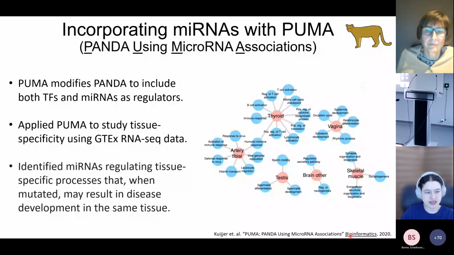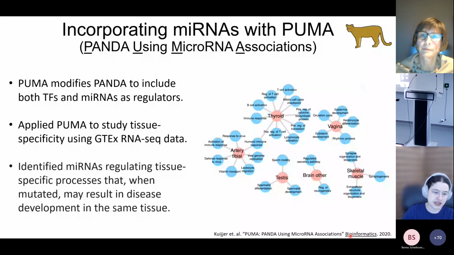We applied PUMA to study tissue specificity using the GTEx RNA-seq data, and we were able to identify microRNAs that are regulating tissue-specific processes, right? So, for example, this figure over here is a picture from the paper, and here's a good one. In testes, we were finding microRNAs that were specifically regulating pathways such as sperm motility, things that made a lot of sense.